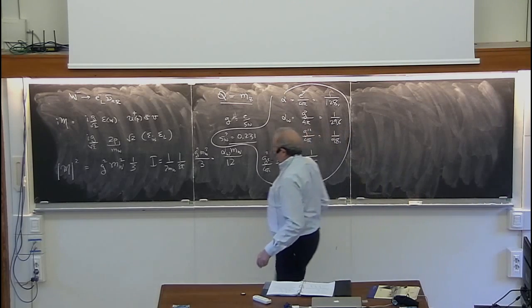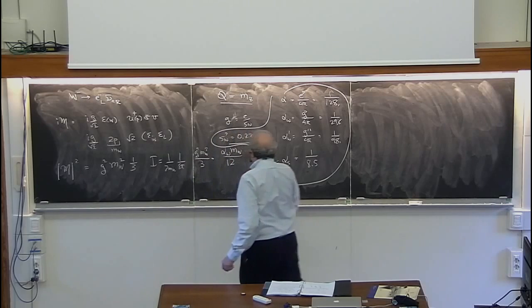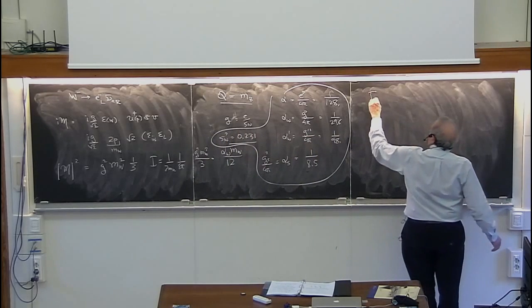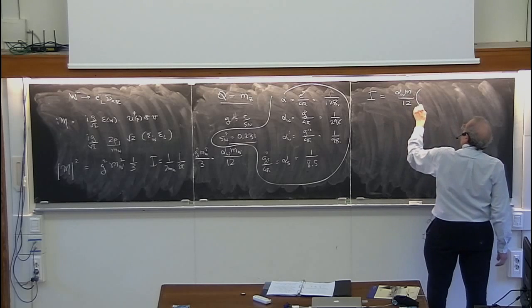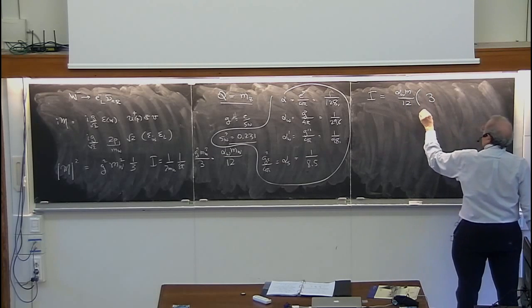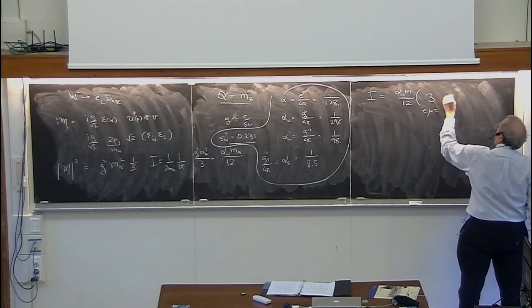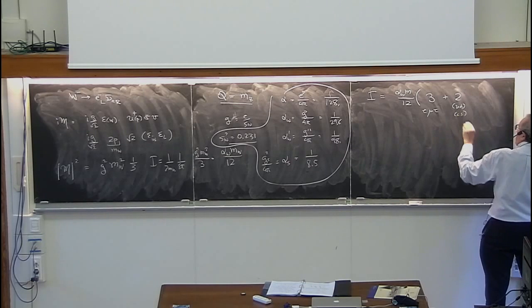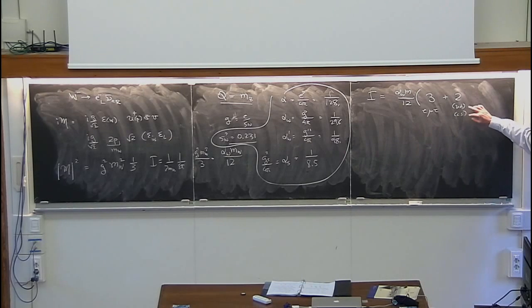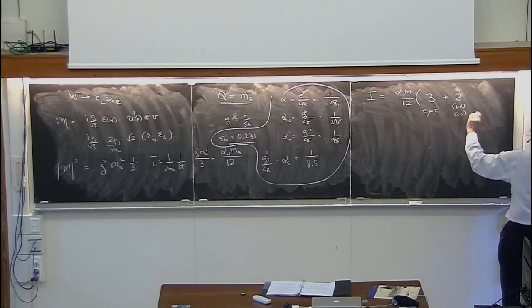The partial width is given by this expression, and so the total width would just be that expression times 3, because there are 3 leptons, and 2, because there are 2 quark doublets that we can decay to. To the accuracy where I'm working, I can ignore CKM mixing. But if you put it in, it really doesn't make much difference.